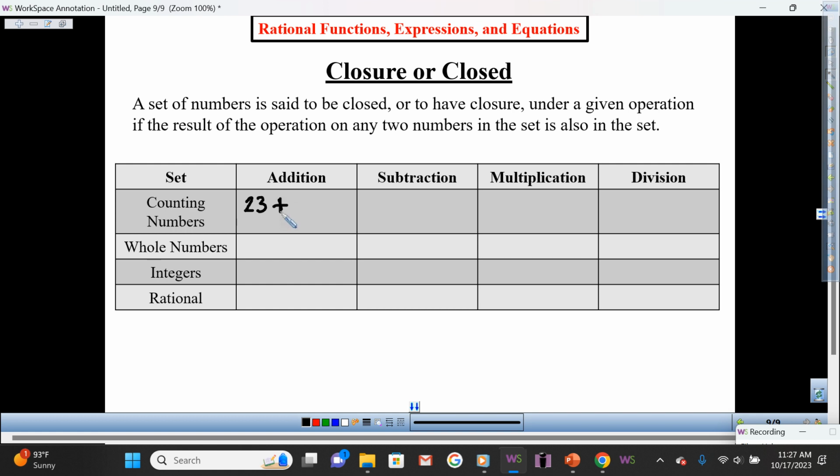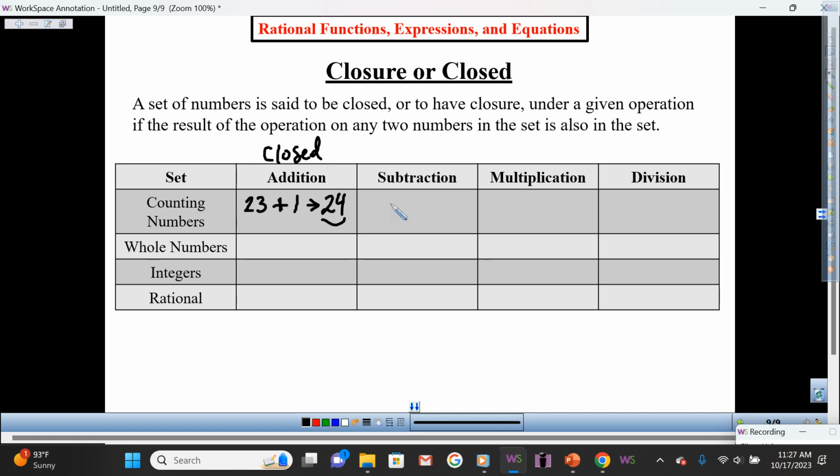Plus, and then Anthony D said 1. The result gives us 24. Is 24 a counting number? Yes, that means that under addition, counting numbers are closed. If you start with a counting number and apply an operation, and at the end you get the same type of number, it's closed.